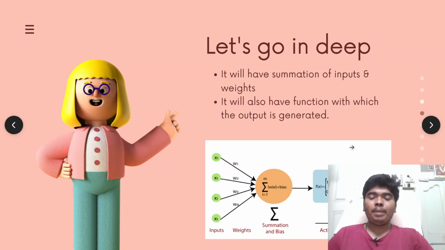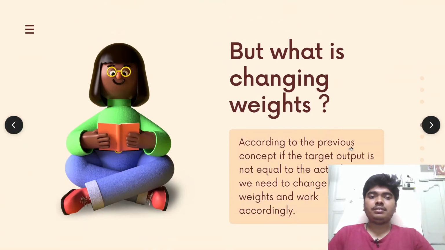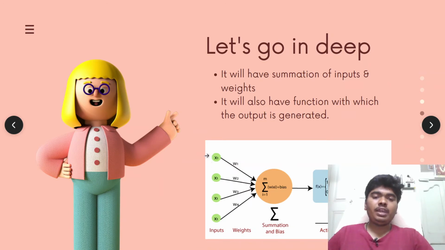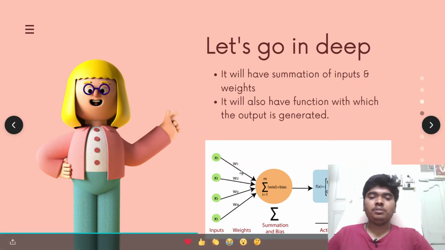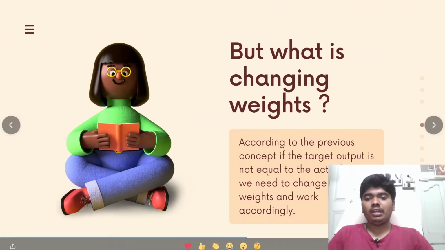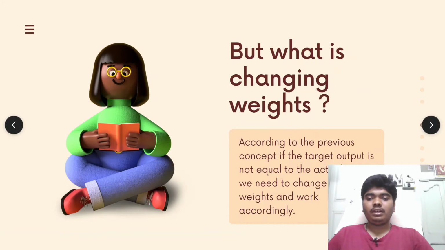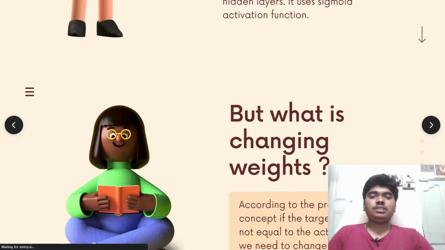We compare both. If they are not up to the mark, then we need to change the weights. As we can't change the inputs, we change the weights here, W1, W2, W3, W4. We change these four accordingly. So, according to the previous concept, if the target output is not equal to the actual output, we need to change the weights and work accordingly. So, this is changing weights.